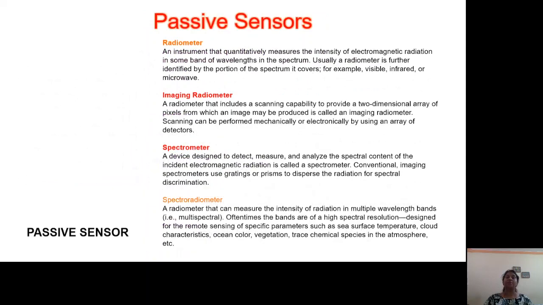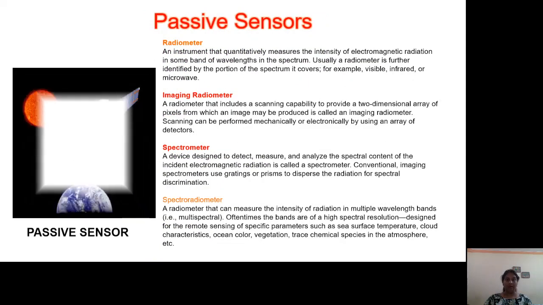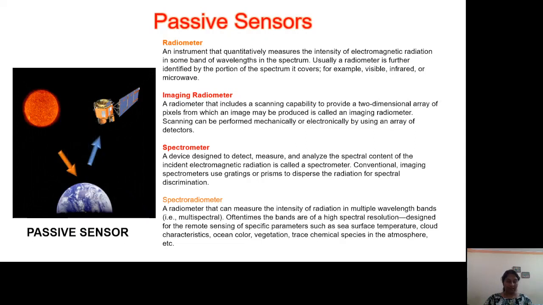The next type is the passive sensors. In this, the types are, first, the radiometer, an instrument that measures the intensity of the electromagnetic spectrum, like visible, infrared or microwave range. The next is the imaging radiometer, which includes a scanning capability to provide a two-dimensional array of pixels from which an image can be produced.